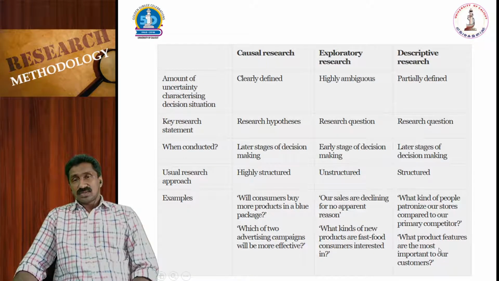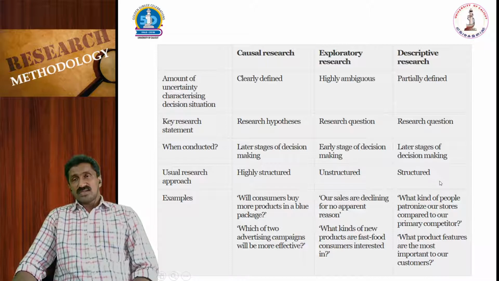And in case of descriptive research: what kind of people patronize our stores compared to our primary competitor? So this is one category. And another, you can have a question like what or why. What product features are most important to our customers?